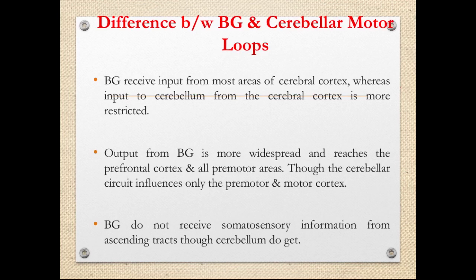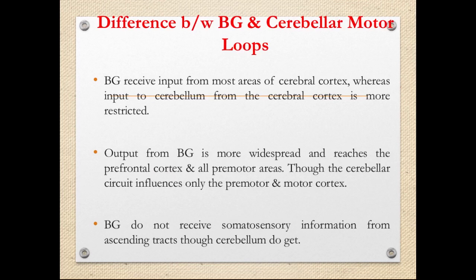Now, the output from the basal ganglia is not only going to the premotor and motor areas as it is from the cerebellum, but it also goes to the prefrontal cortex. And where exactly is the prefrontal area? In the precentral gyrus, the initial part was the motor, anterior to the motor was the premotor, and anterior to the premotor is the prefrontal.